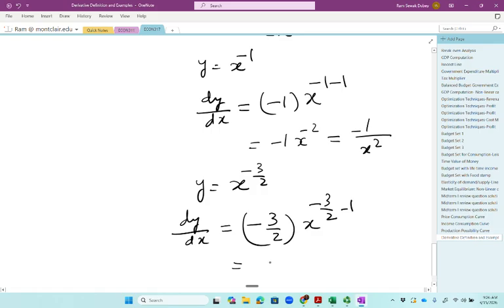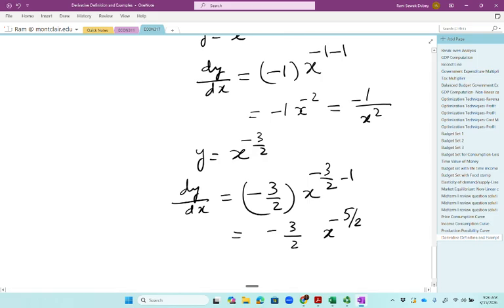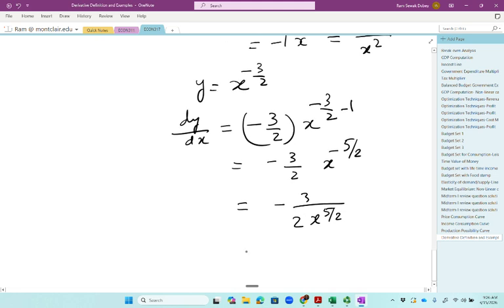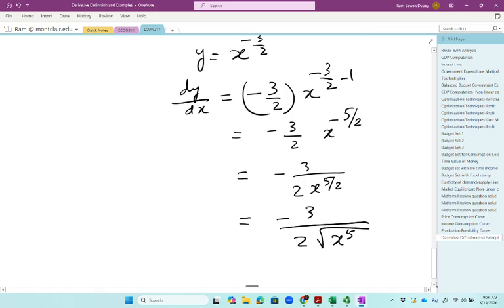So what we have obtained is minus 3 over 2 x to the power minus 5 over 2. I can take the negative power to the denominator. I can write it as minus 3 over 2 x to the power 5 over 2. Maybe I can write it using the square root symbol, 2 square root of x to the power 5. These are all equivalent expressions.